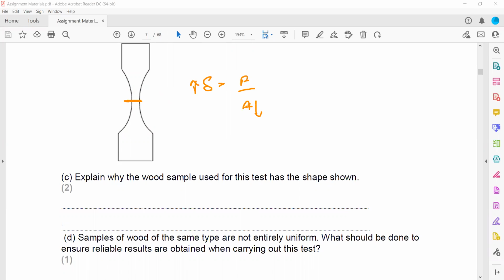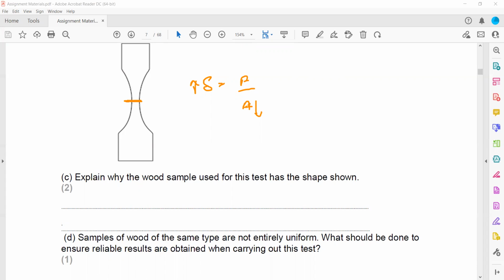We need a maximum value of the stress, because if the object has a large area, then the stress will be lower. When it has a narrow center, stress and area are inversely proportional, so we get a larger value of stress for a given force when it has a small area.